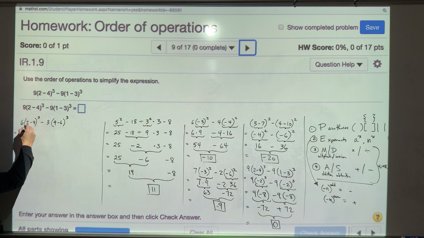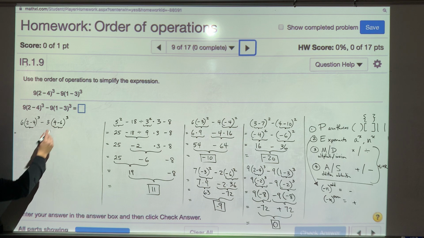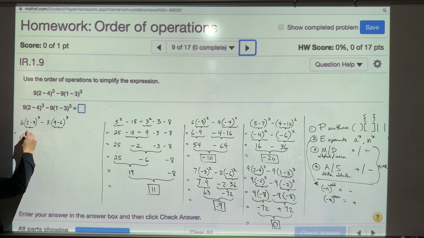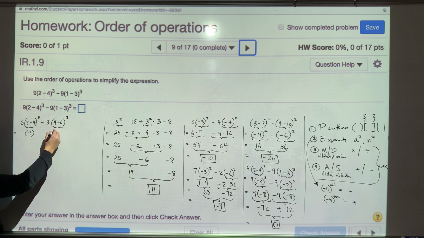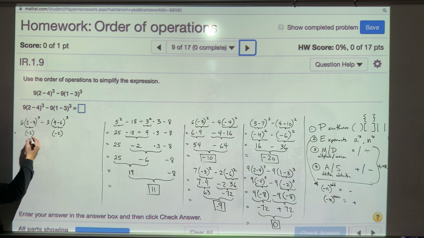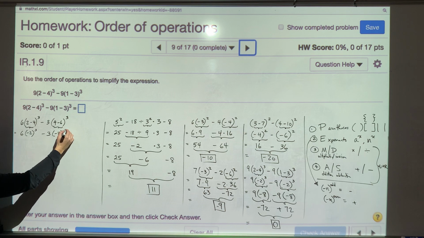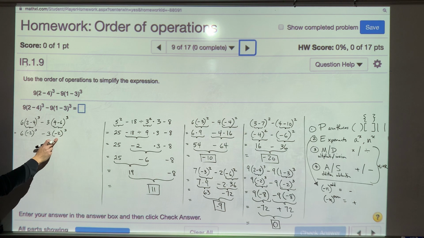Okay, let's do those. Go for it. -2 on each. Very good. Read to me, left to right, exactly what it should look like. 6 times -2 to the third power, and then minus 3 times -2 to the third power. Great. Did you make sure to leave the negative 2's in parentheses? Yes. Fantastic, wonderful. So off to a good start.